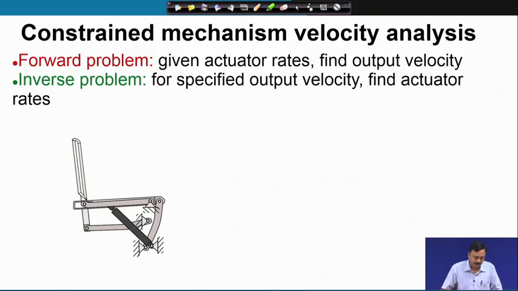For example, in this transfer device, if I am specified a certain rate of upward movement, which might also change with the configuration of the chair, how should I specify the actuator expansion rate? That is the inverse problem.